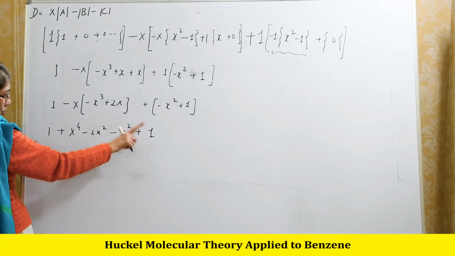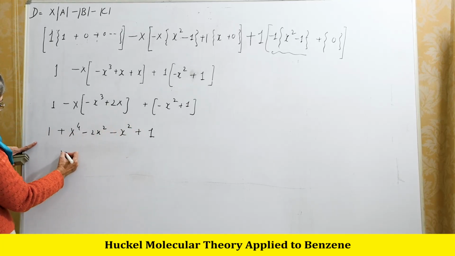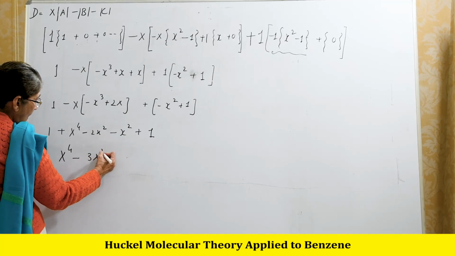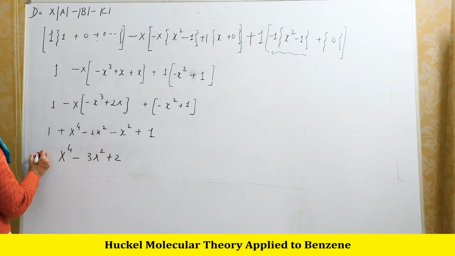This 1 and 1 is 2, and this is x4 minus 3x square and plus 2, and this is for C.